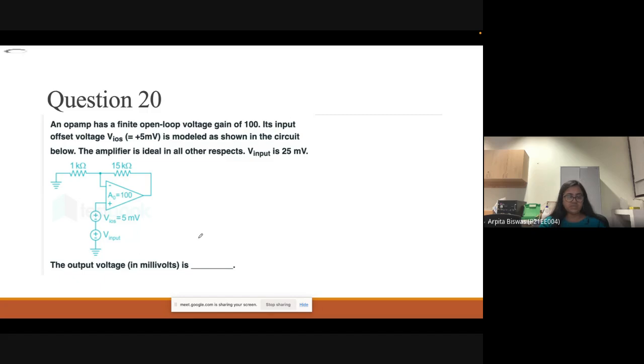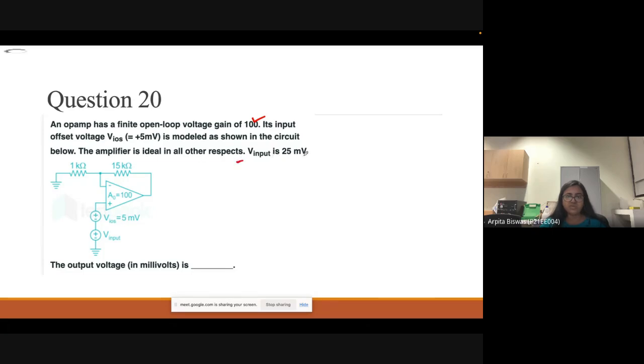See what is given here. Yes, Pradeep, see this question carefully. An op-amp has a finite open loop voltage gain of 100. Its input offset voltage VIOS is plus 5 millivolt, modeled as shown in the circuit below, and the amplifier is ideal in all other respects.